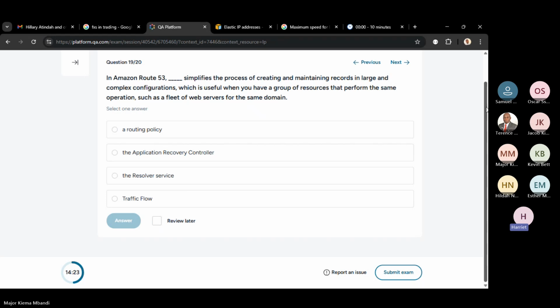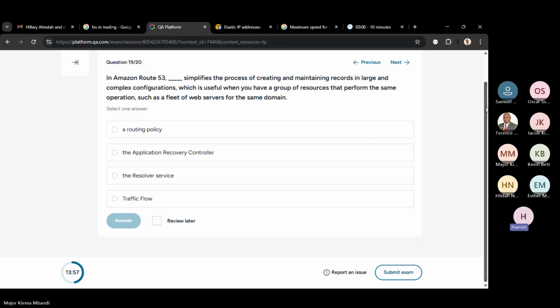In Amazon Route 53, dash signifies the process of creating and maintaining records in large and complex configurations, which is useful when you have a group of resources that perform the same operations, such as a fleet of web servers for the same domain. Route 53 simplifies the process.